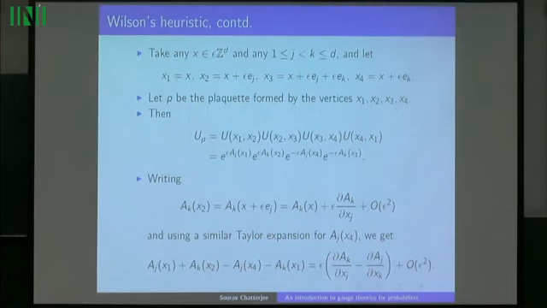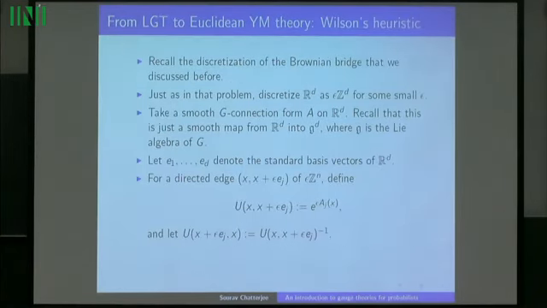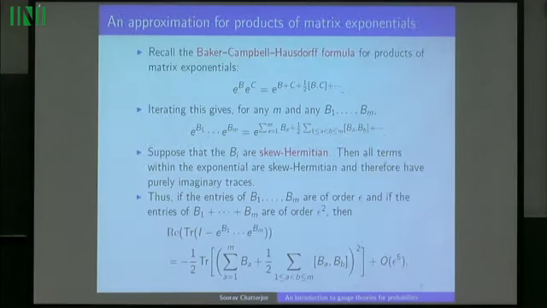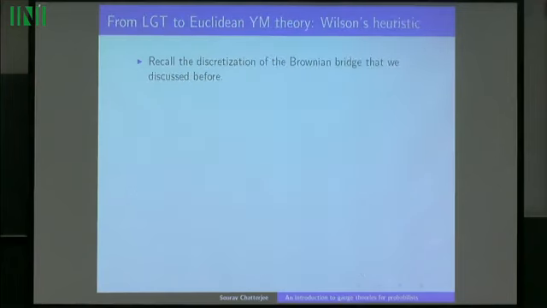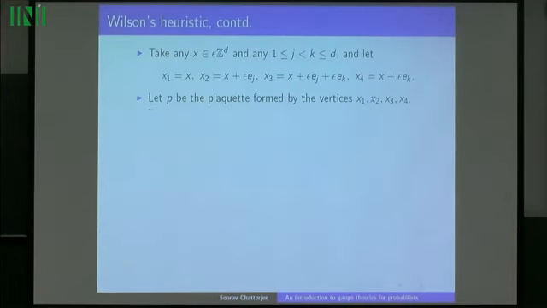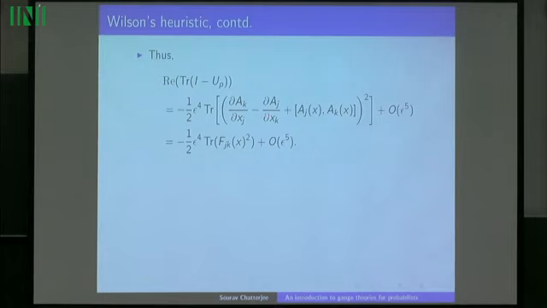And then you recall this formula, sorry, I'm going back to it here: the real part of the trace of I minus the product of matrix exponentials is the trace of this sum plus the sum of the half commutators squared. When you substitute this back here, you get this. Even if you haven't followed all the steps, this is what you get at the end.